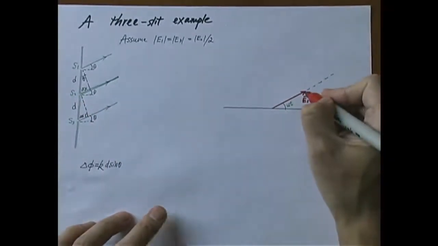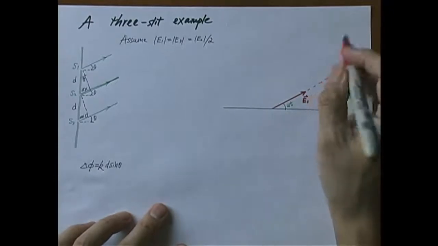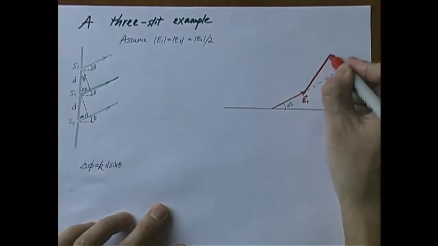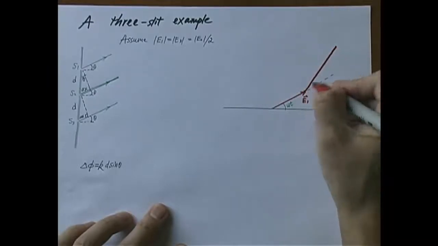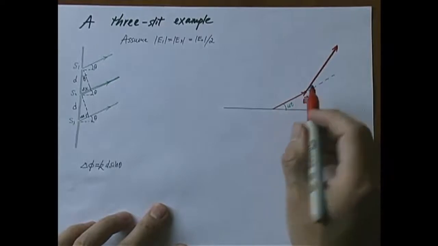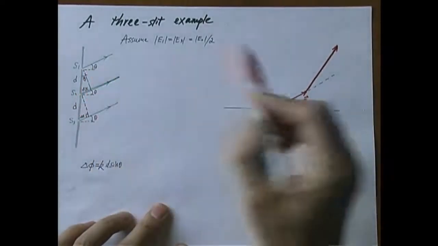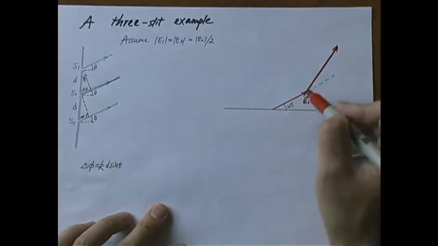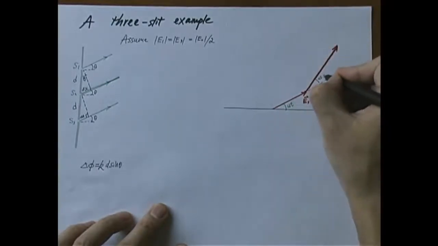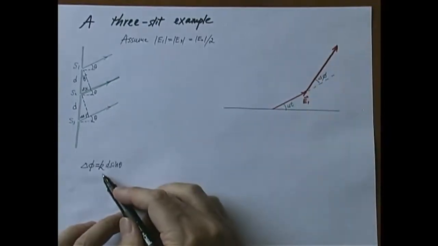It starts from here, and it goes that way, twice as long, because we know E2 is twice as long as E1. So this is E1, E2 is twice as long, and this phase angle is delta phi, k d sine theta.